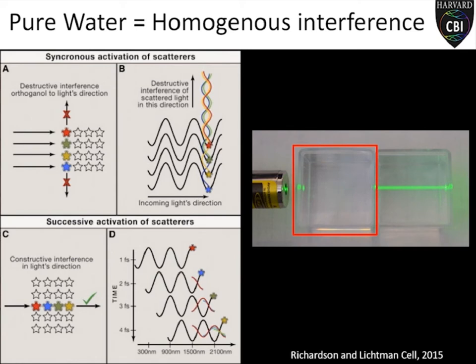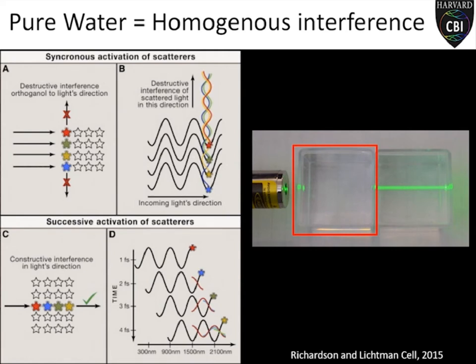So if we take a look at the blue star at the very bottom there, the black line coming into it represents our wave of laser light coming in. It contacts that blue star. Some of it is scattered, and we've illustrated the scatter here as being in the upward direction. So the blue wavy line coming off the star is the scattered light.